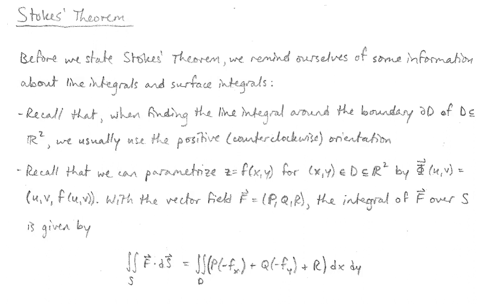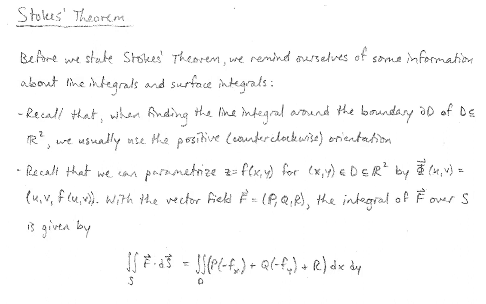And that in conjunction with our vector field capital F hat, the flux of F hat across S is given by the double integral over D of P times minus the partial of f with respect to x, plus Q times minus the partial of f with respect to y, plus R.